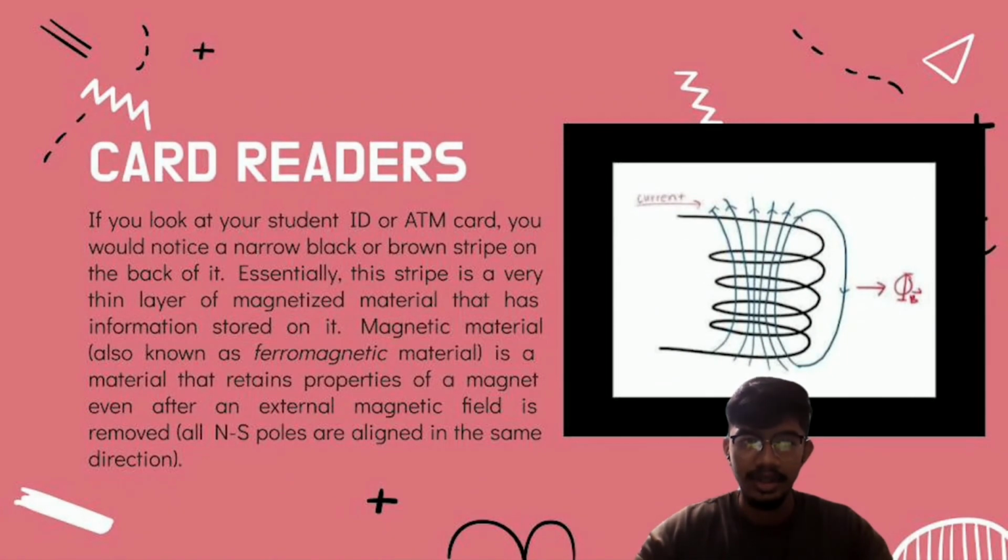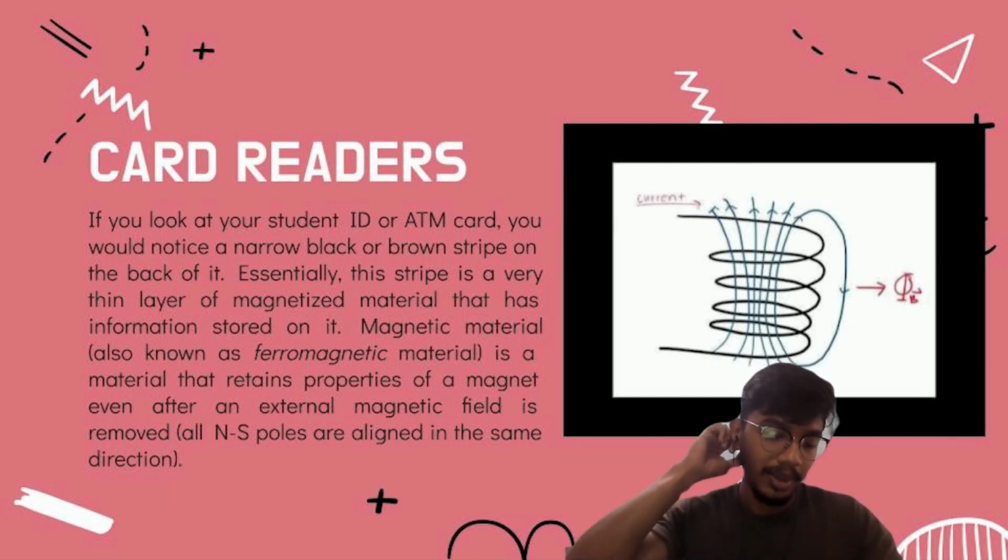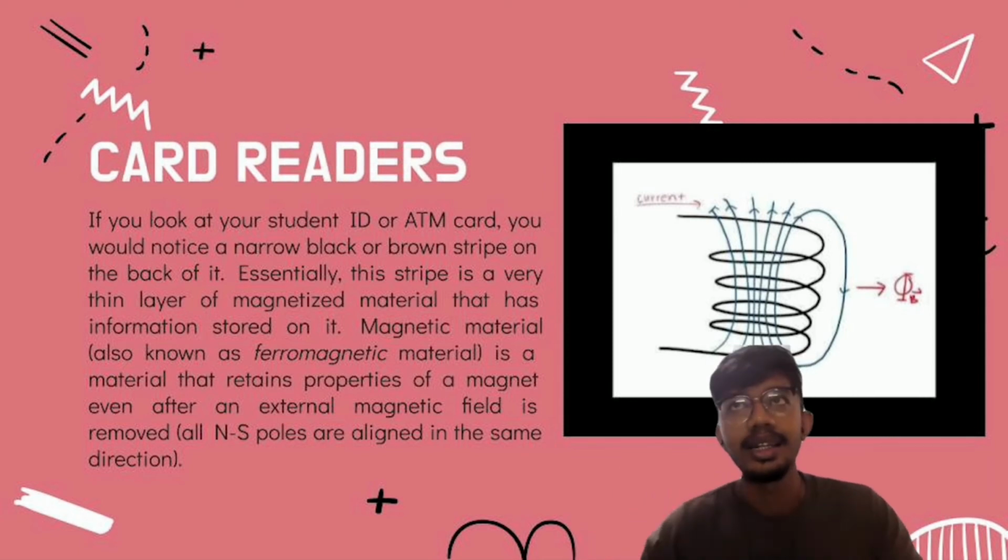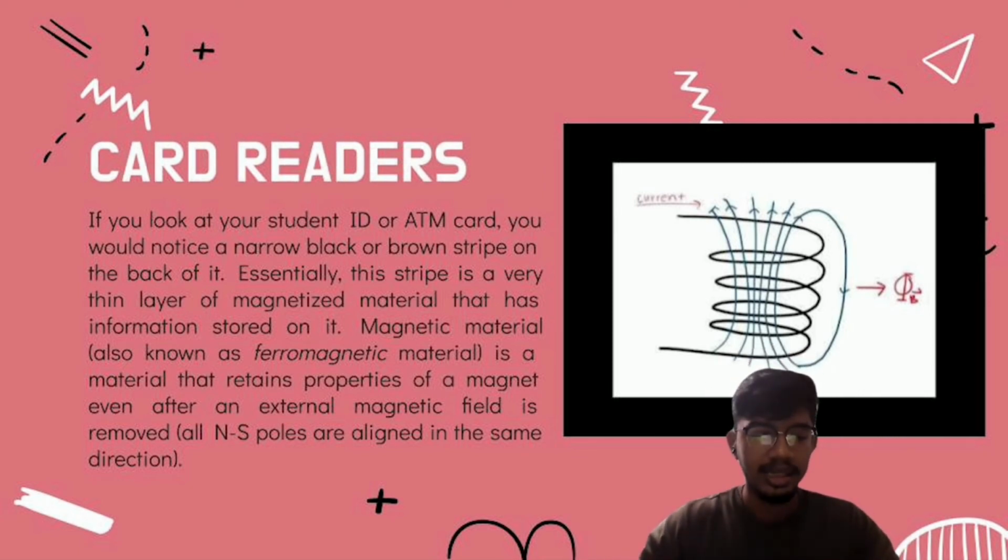The final application of Lenz's law is the card readers. Card readers are mainly used with ATM cards or even our student cards. When we look at the back of an ATM card, there is a narrow black or brown stripe. The stripe is a very thin layer of magnetized material that has information stored in it.